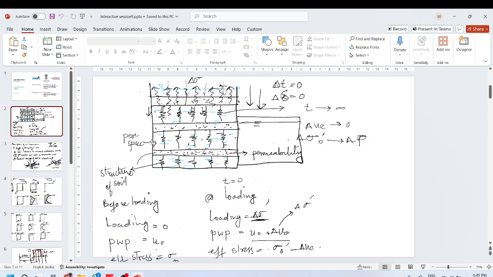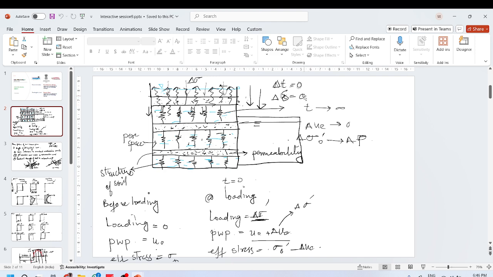Okay. So from Terzaghi's 1D experiment, let us say that this is a structure like a porous material, and we imagine that the solid skeleton is like a series of springs, and then you impose a load of delta sigma.